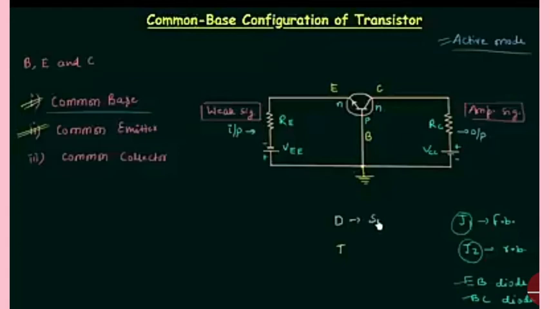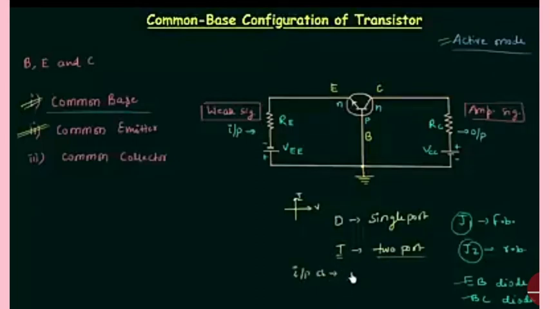If I compare diode and transistor, diode is a single port device and transistor is a two port device. In case of diode, we have a simple VI characteristic, but in case of a two port device like transistor, we have input and output characteristics.